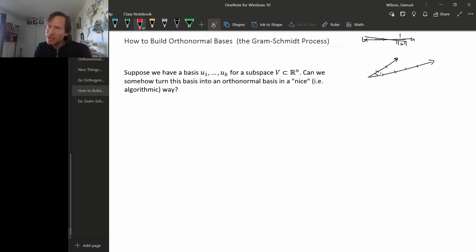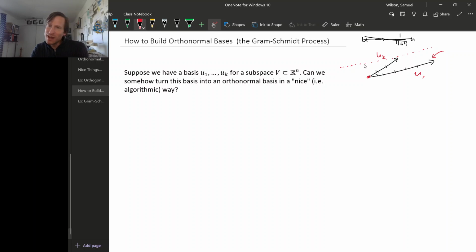Let's call this one u1 and this one u2. We can add a multiple of u1 to u2, and that means adding a multiple of u1 to u2 is going to let us slide the end of u2 in the direction of u1. So we could replace u2 with a vector starting at the origin that ends anywhere on this dotted line.